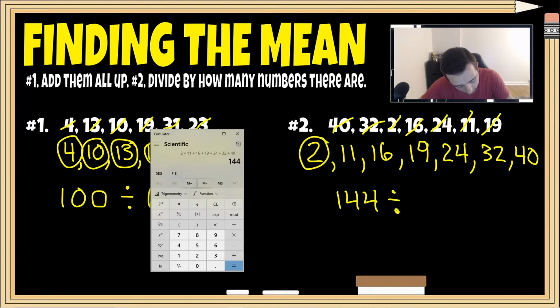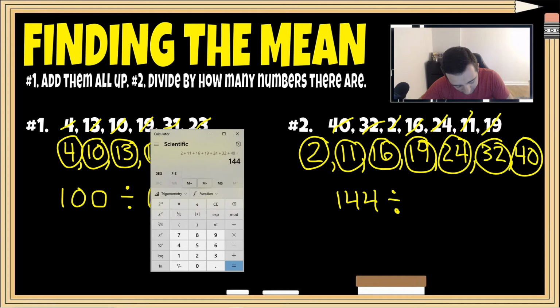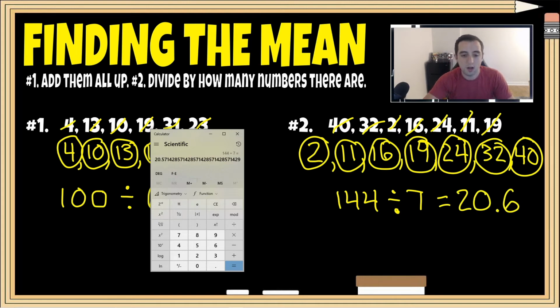So we have 1, 2, 3, 4, 5, 6, 7 this time around. So 144 divided by 7 is going to give us a mean or an average, and again, we'll round it to the nearest 10th place of 20 and 6/10. So we have all of this equaling 20 and 6/10 as our mean or our average.